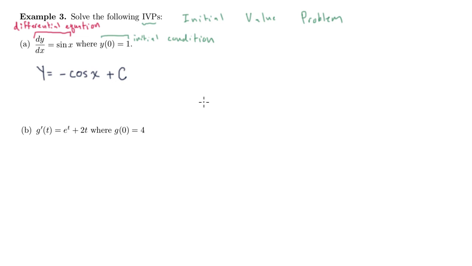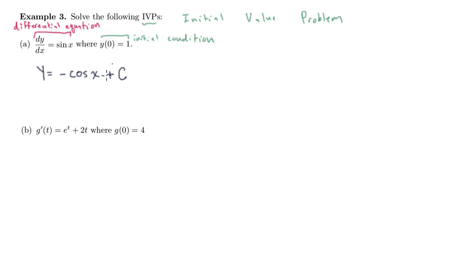Now it's our job to use the initial condition, y of 0 is equal to 1, to figure out what c is, or in other words, to figure out specifically which antiderivative satisfies this differential equation and the initial condition, i.e. is a solution of this initial value problem.